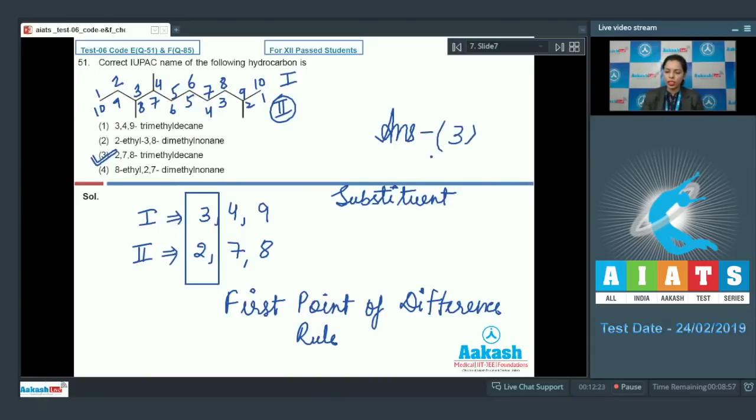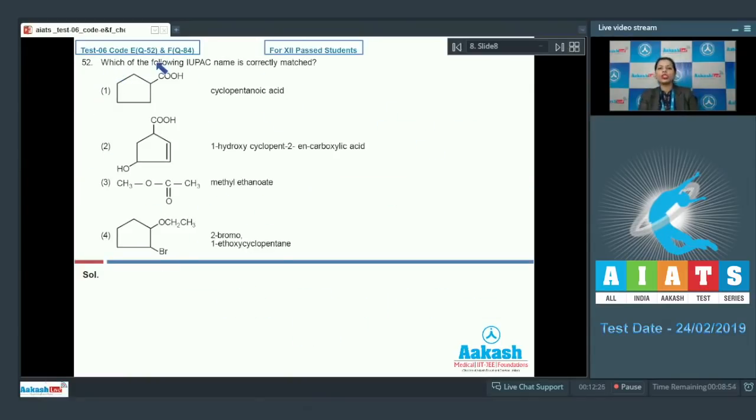After this, there's another question. Question number 52. Which of the following IUPAC names is correctly matched? If I talk about the first compound, in this case, there is a ring, cyclopentane basically, and on the cyclopentane, a carboxylic group is present.